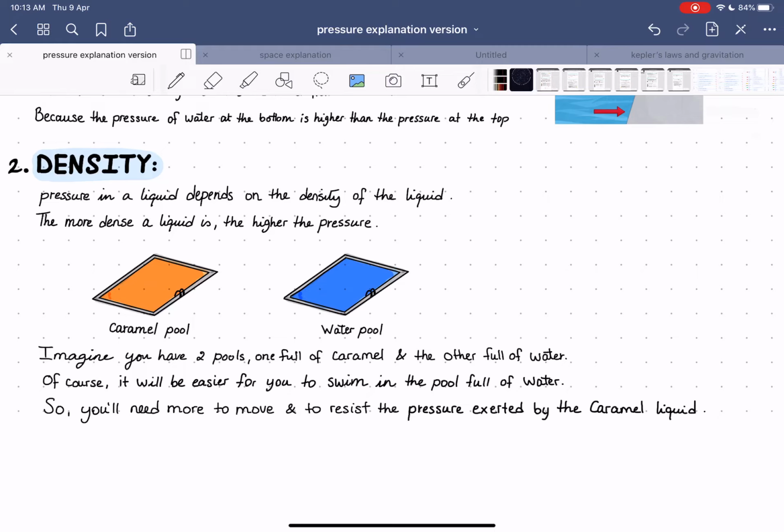Even though both of them are considered liquid, the particles in the caramel are pushing against your body in a much harder way than water particles are. So this proves that the pressure of the object also depends on the density of the liquid.